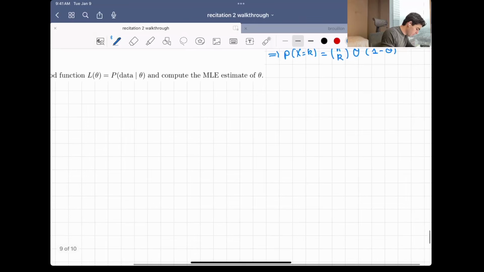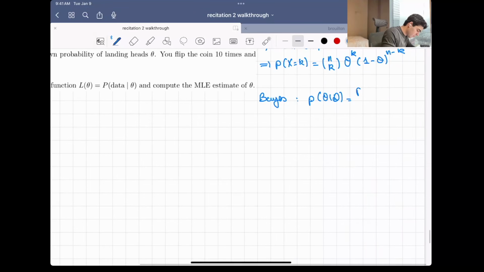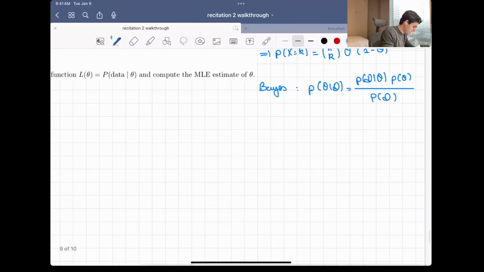Another thing we want to know is Bayes' rule. Quick refresher: Bayes says that the posterior, the probability of theta given the data, is equal to the likelihood, the probability of the data given theta, the parameters, times the probability of the parameters, over the probability of the data.